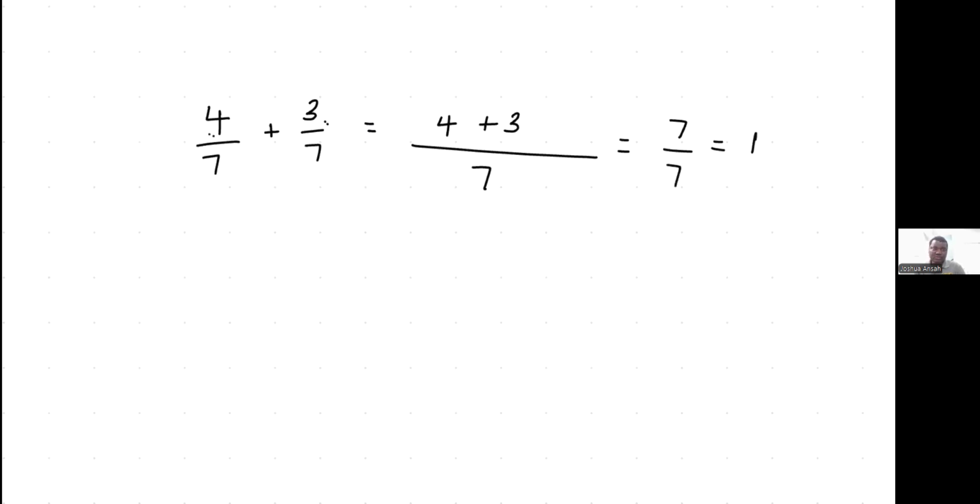If I want to illustrate this on a number line, I divide it into 7 parts: 1, 2, 3, 4, 5, 6, 7.